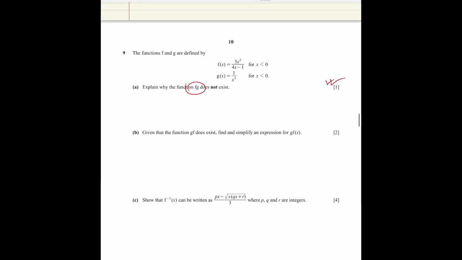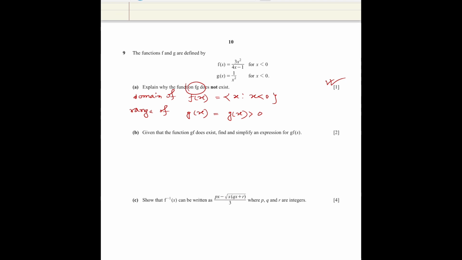Okay, so f of x is equal to 3x squared over 4x minus 1 such that x is less than 0, and the range of g of x is greater than 0, which is not actually a subset of the domain of f of x.